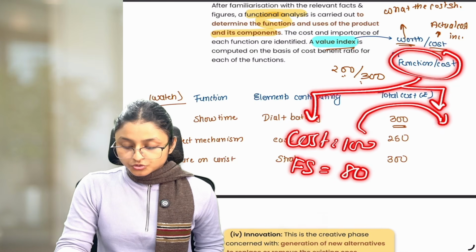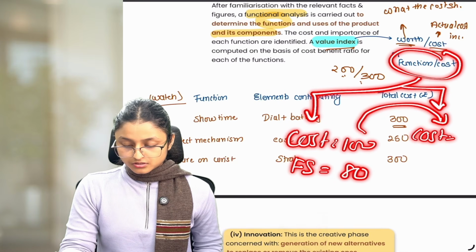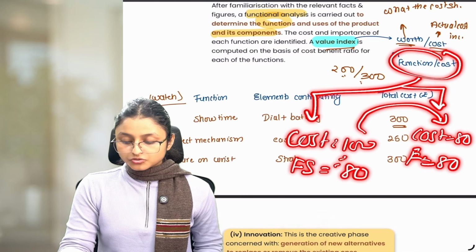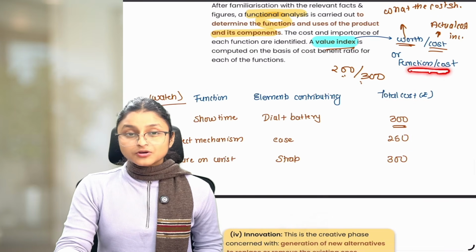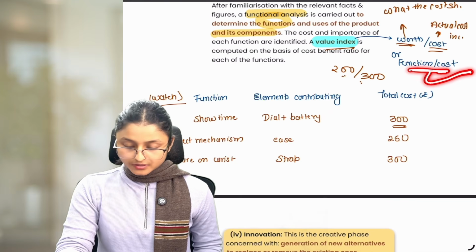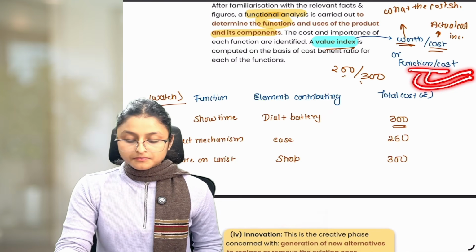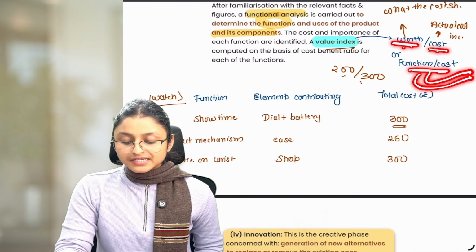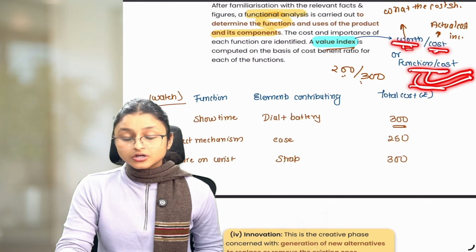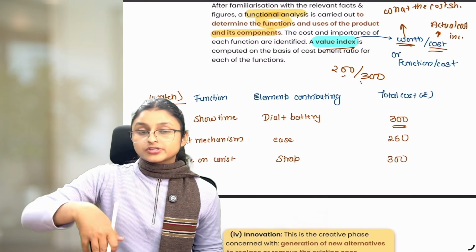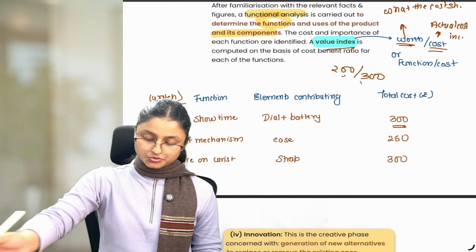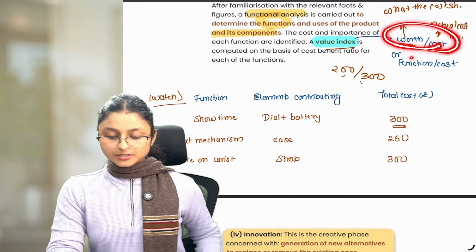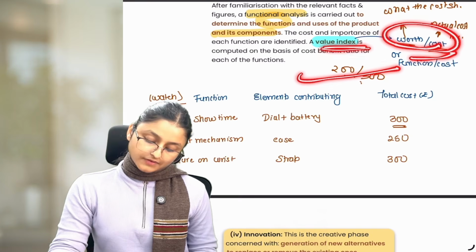If I reduce cost and function remains the same, then only I'll be able to know that function divided by cost, or value, has improved. But with the help of worth divided by cost, I can directly do cost benefit analysis. I need not depend on the current situation and compare it with what happens in future. That is why worth divided by cost is mainly used for calculating the value index.